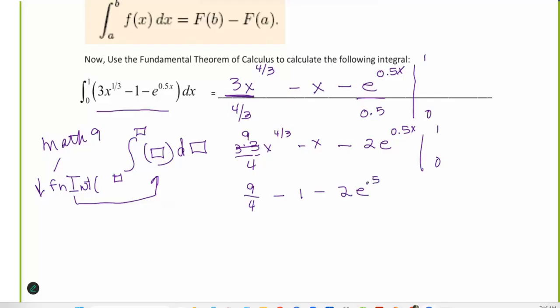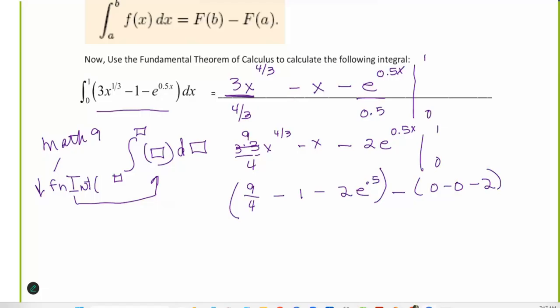That's the first part. And then minus, now you're going to raise everything to the 0 power. So what do I know? If I raise x to the 0 power, 0 to any power is still going to be 0. So I end up having 0 minus 0, but then look at the last one. That's going to raise e to the 0 power. Anything to the 0 power is 1, so this is just minus 2 times 1, or 2.